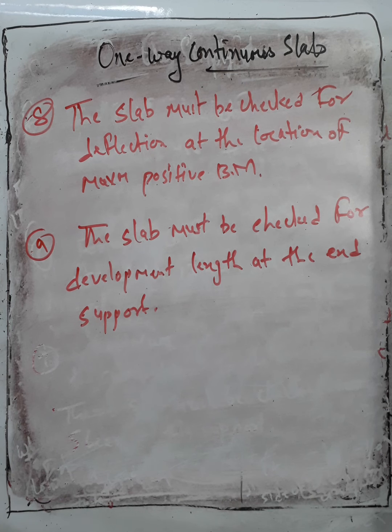So these are the points which we have used for designing the one-way continuous slab. So you have to remember these points and visit IS 456 2000 for the bending moment and shear force coefficient table, which is table number 12 and table number 13.